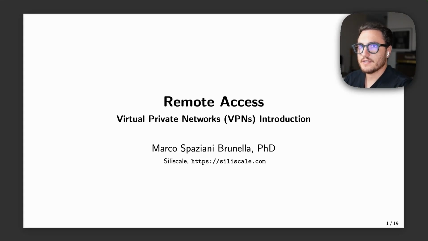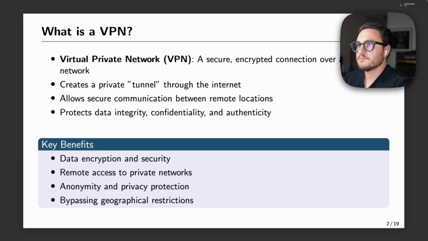I want to use the last concept that we've seen during the SSH lessons, which is the jump host, as a segue to the next concept, which is virtual private networks. A virtual private network is basically a secure encrypted connection over a public network.